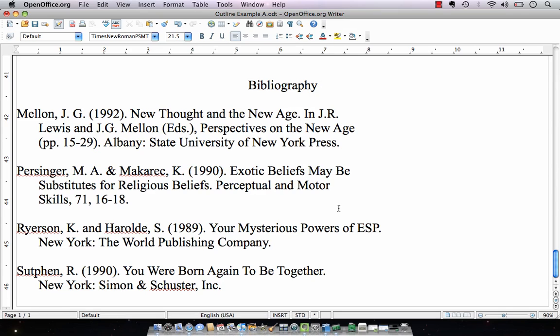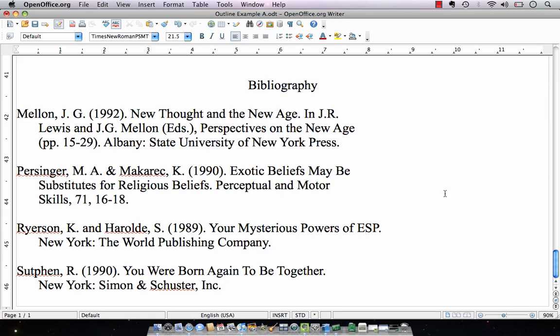Make sure you turn in your outline with a bibliography. Every semester there are anywhere from 2 to 4 people who turn in an outline with no bibliography. They forget it in their printers, or they forget to do it. Happens every semester. Don't be one of those people. Make sure you turn in your bibliography with your outline.